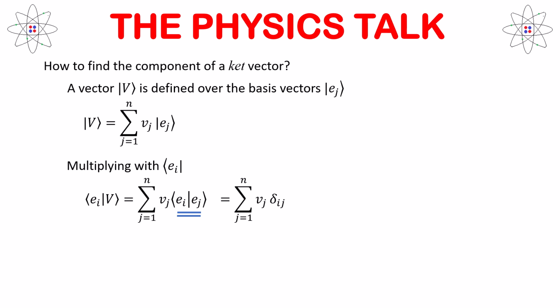The rest of the terms vanish. Thus the term remaining is Vi, which is the ith component of V. In this way, multiplying ket V with bra Ei, we get Vi. We can state in general, whatever component of ket you want to find out, multiply the ket with the corresponding basis bra. It will result in that component of the ket vector.